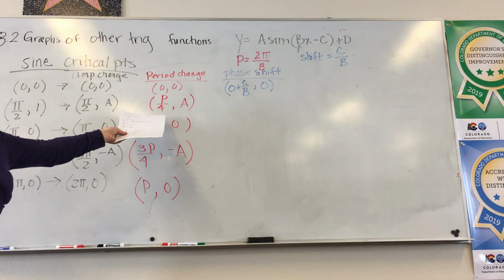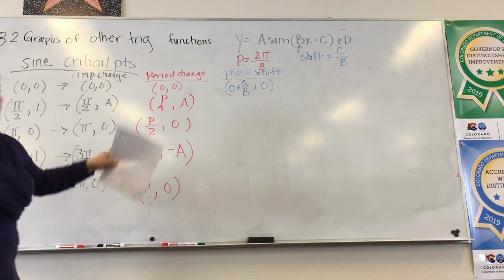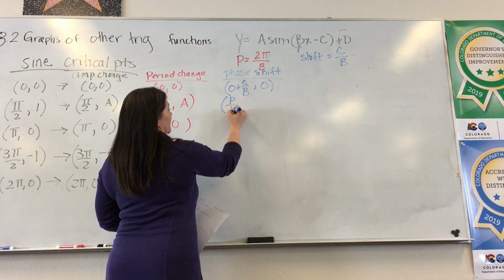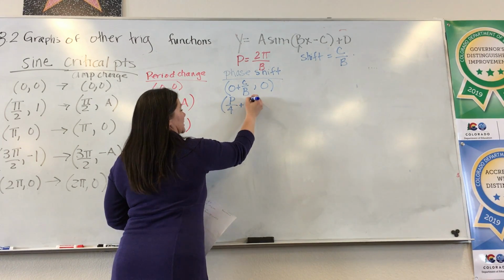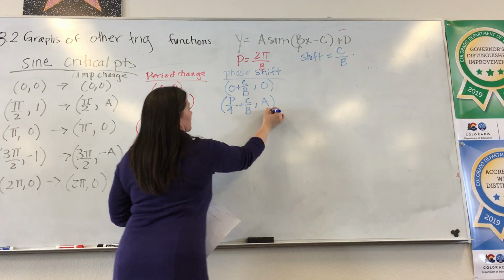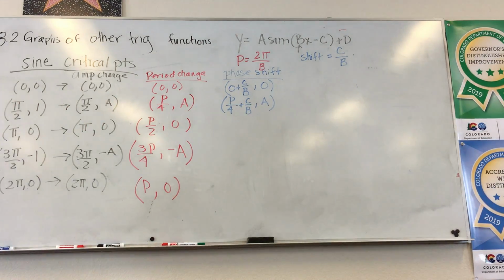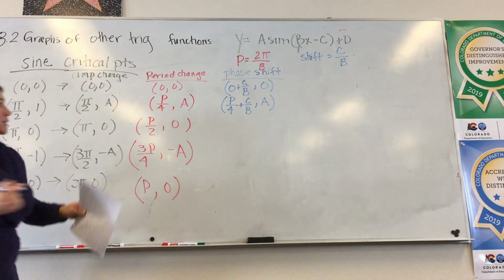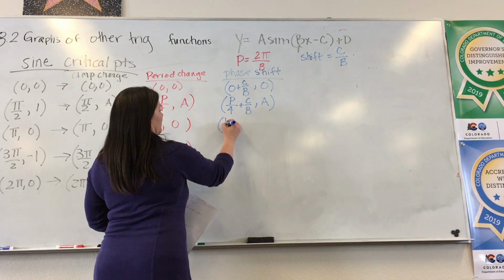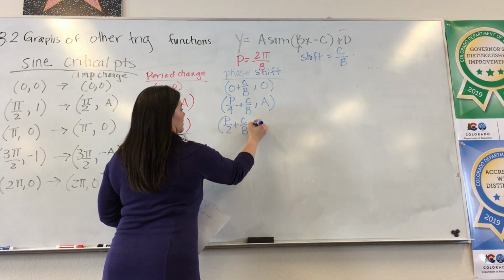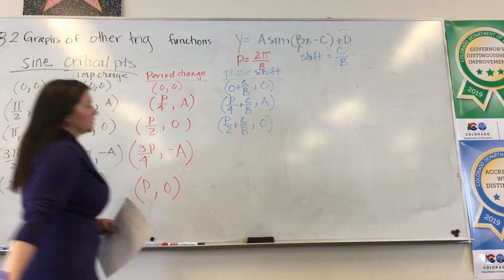Your new maximum is going to be your previous maximum, so your period divided by 4 plus the phase shift. Your new middle zero, same thing. You're going to have your middle zero plus the phase shift and a 0.